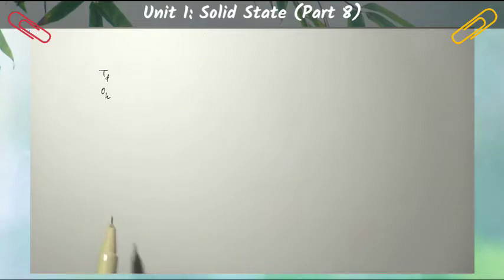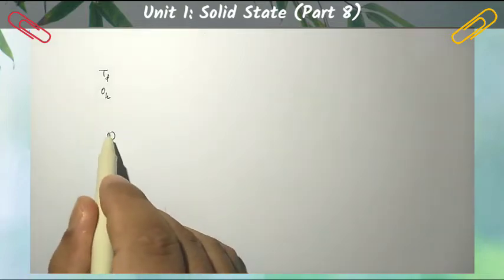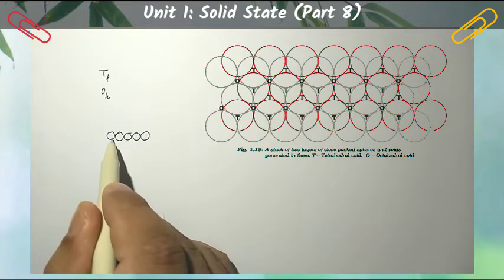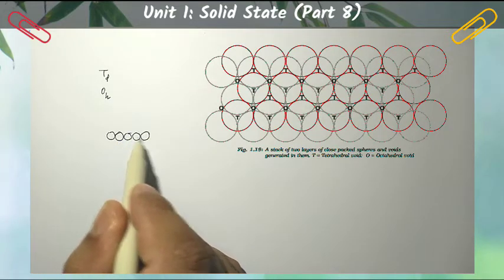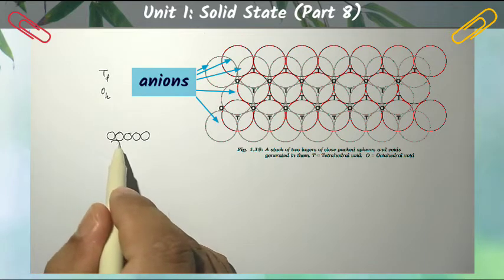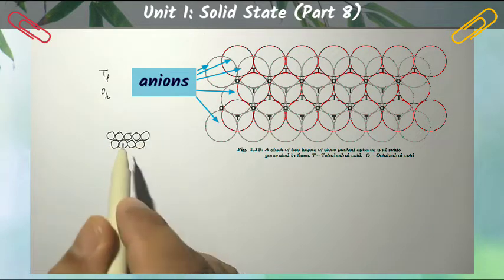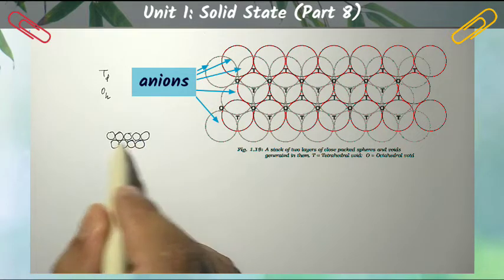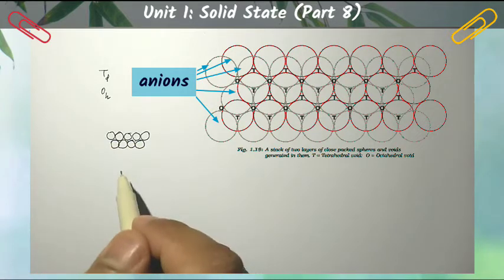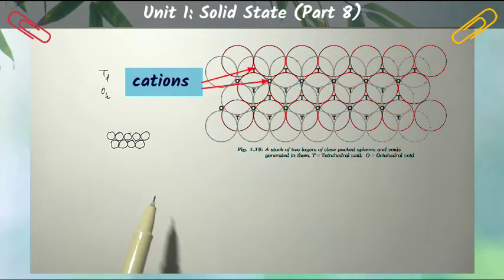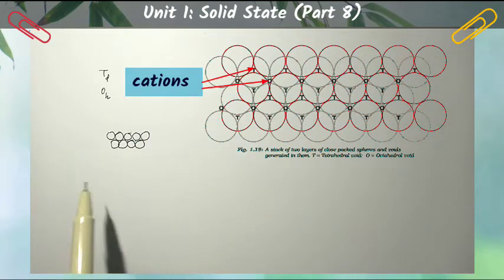So the packing will be formed by the anions. In case of an ionic solid, the spheres will be your anions, and the tetrahedral voids or the octahedral voids will be occupied by the cations, because of their smaller size.